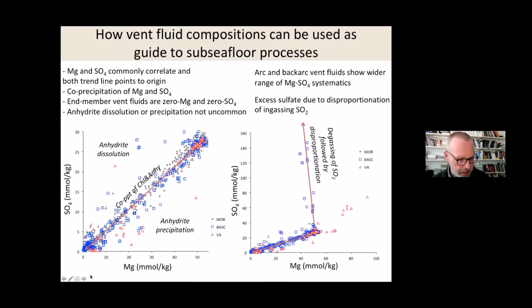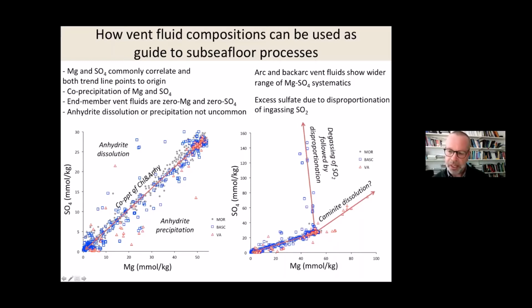Okay. And then you see another trend, and this is something we actually found out existed only a few years ago. We sampled fluids in the Kermadec arc and measured magnesium on board and got these high numbers and thought, well, there's probably something wrong with the method. But it turned out that these magnesium excesses are real and that they are correlated with sulfate excesses.